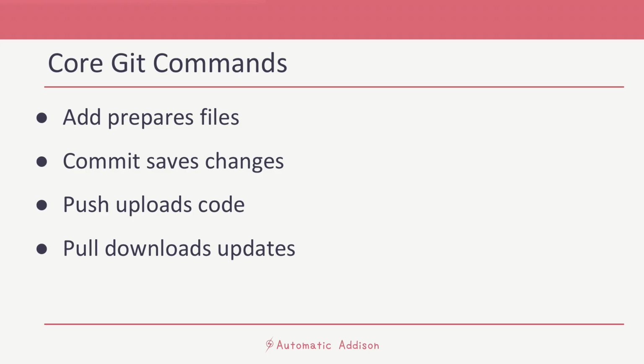Okay, and then you do git push. Git push uploads the code to GitHub. Think of it like uploading your folder to the cloud so others can see it and you have a backup. And then git pull downloads updates that you make on GitHub. So let me show you that now in the terminal.